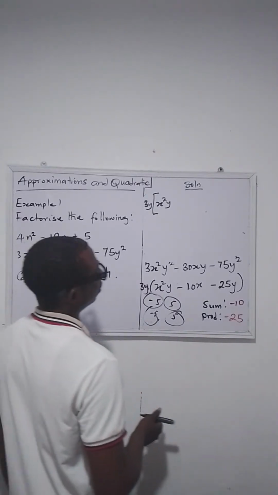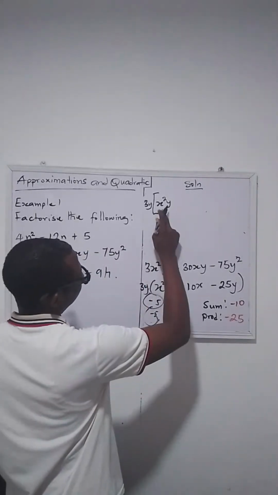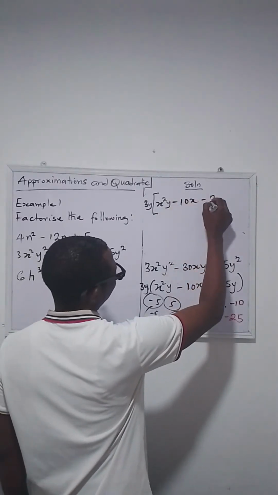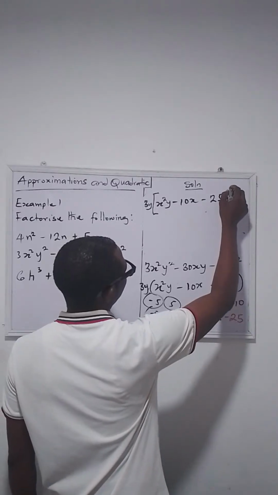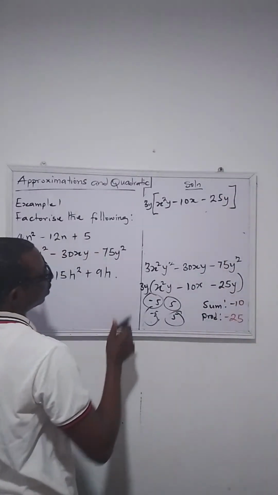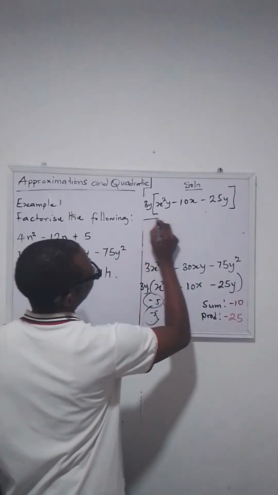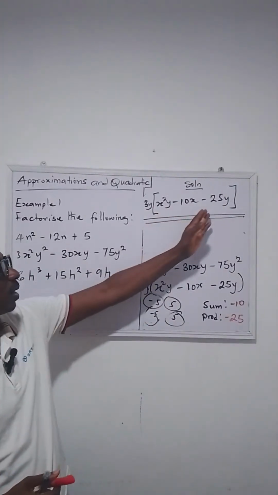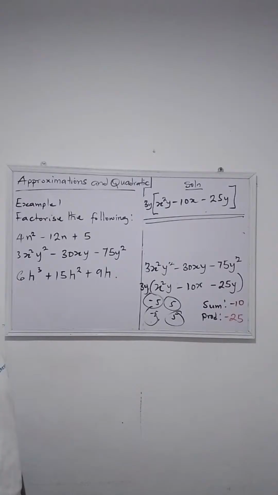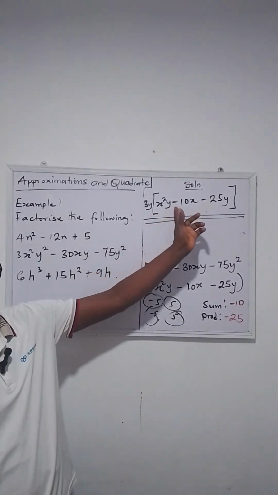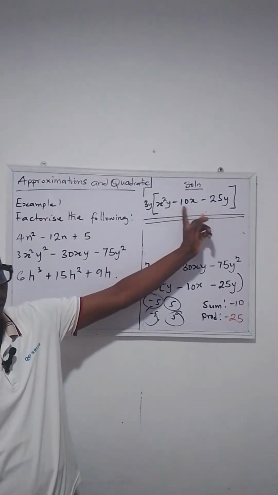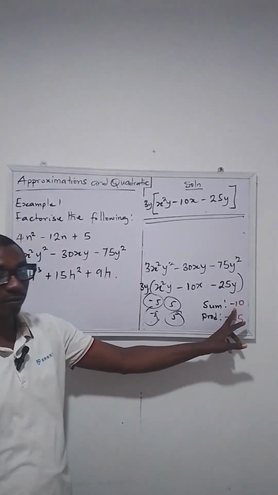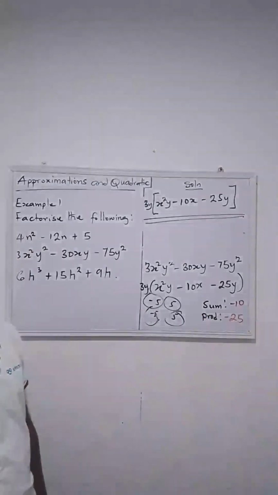So in this case, we write that 3y(x squared minus 10x minus 25) is going to be the solution, because the only thing I can do is factor out this 3y. You can't go beyond this. What we have inside here is not factorizable, because we can't get two numbers such that when you add together we have negative 10, and when you multiply together you have negative 25. I hope you understand that.